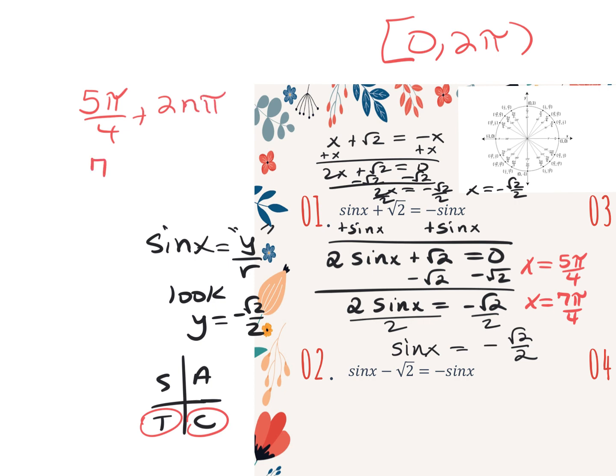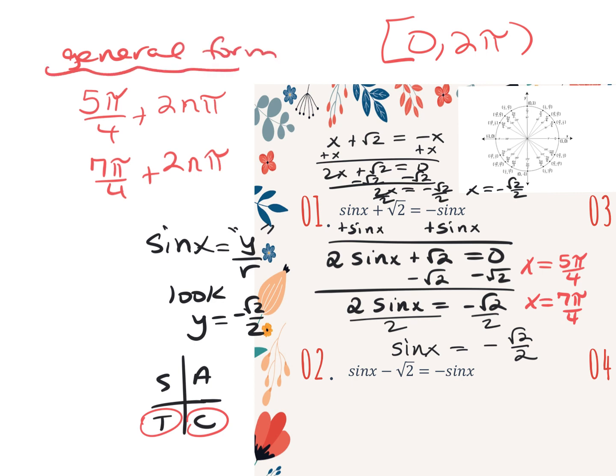Or 7 pi over 4 and add 2n pi. So you can keep getting more and more angles by adding 2 pi each time. It's got an infinite number of solutions. This is considered the general form. So you may see this on an SAT or an ACT.